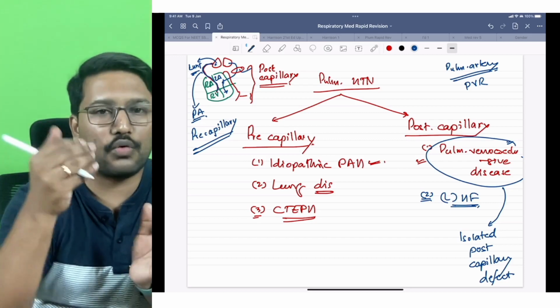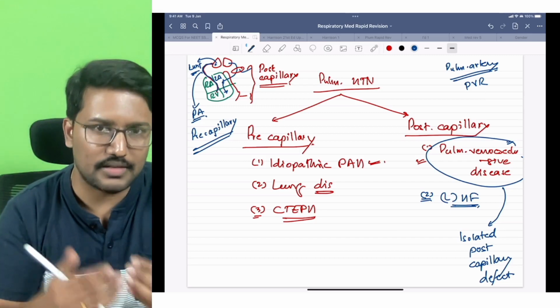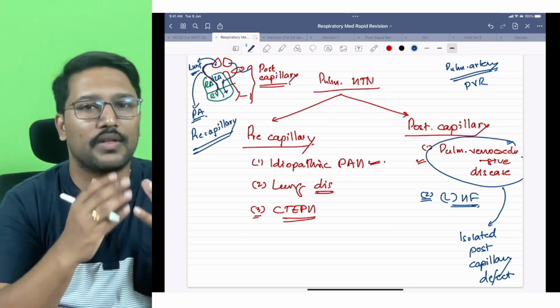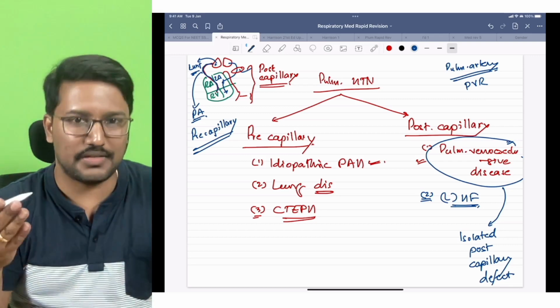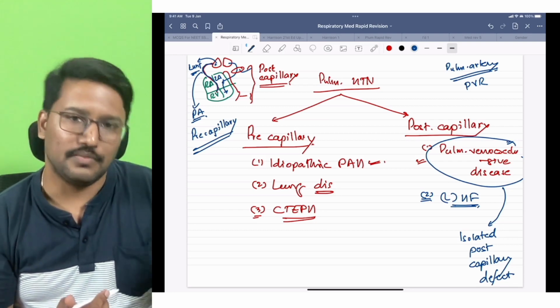So left atrium has more work to do to push the blood into the left ventricle. Because of that, left atrial pressure would increase. If the left atrial pressure is increasing, pulmonary venous congestion occurs, pulmonary venous pressure increases at the level of lungs, right? The pressure in the capillaries meshwork increases, so is the pressure in the pulmonary artery increasing.